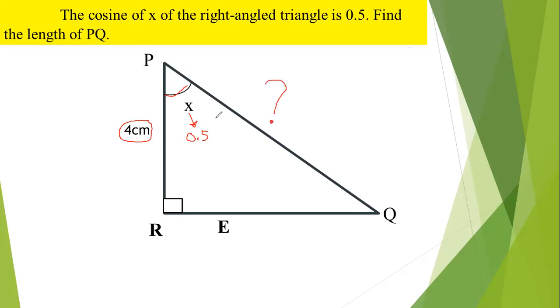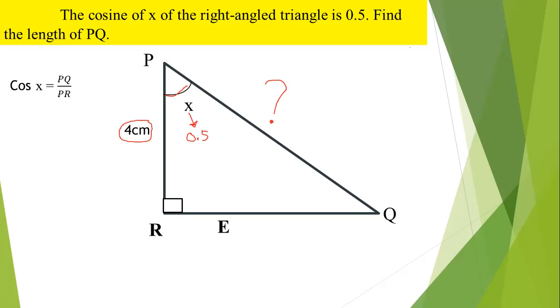You know cosine of x and you know the adjacent side. So how to solve the length of PQ? We said that cosine equals adjacent over hypotenuse, but your hypotenuse is unknown.